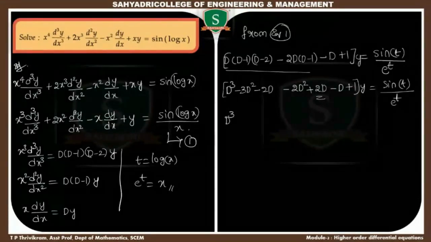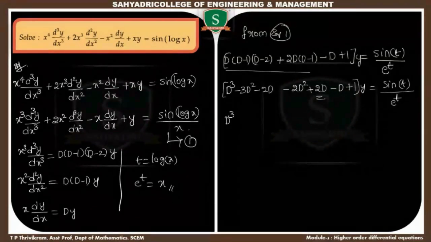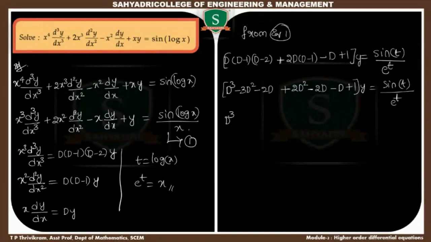Plus 2d into d minus 1, so plus 2d square minus 2d. Now is it correct? Yes, sir. So minus d square, 2d get cancelled, minus d plus 1 into y is equal to e power minus t sine t.